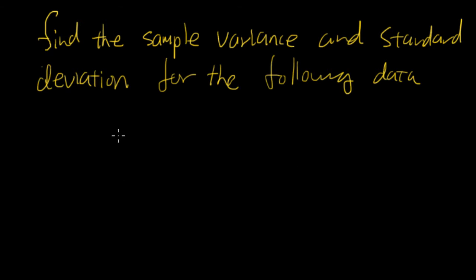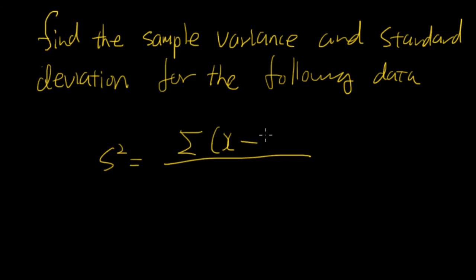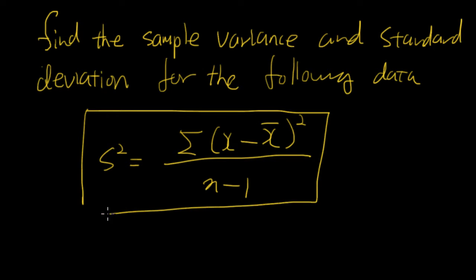Now, what was the formula? S square was sigma of x minus x bar squared, over n minus 1, right? This was the formula.